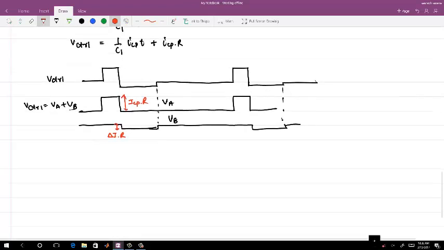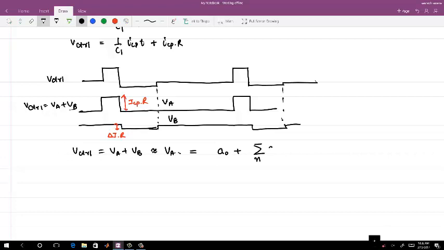Now V control equals VA plus VB, which I am approximating to VA only. This VA is periodic with the reference period, with terms an cos n omega r times t, where omega r is the reference frequency.